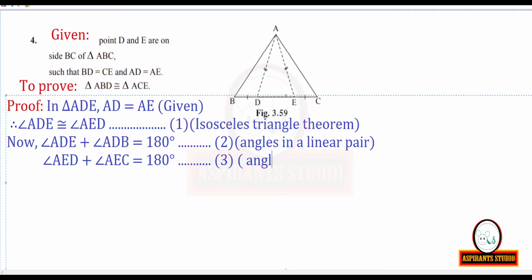Now look at equations 2 and 3. On the right hand sides you have 180 degrees and 180 degrees. Right hand sides are equal. Therefore the left hand sides will also be equal. So you can write measure of angle ADE plus measure of angle ADB is equal to measure of angle AED plus measure of angle AEC.